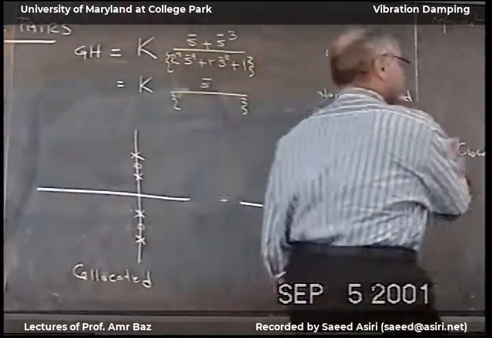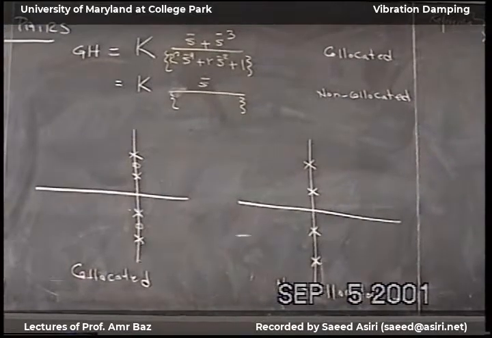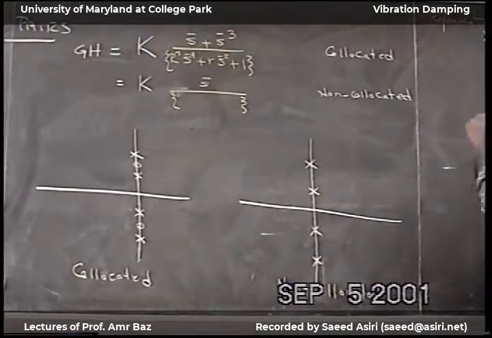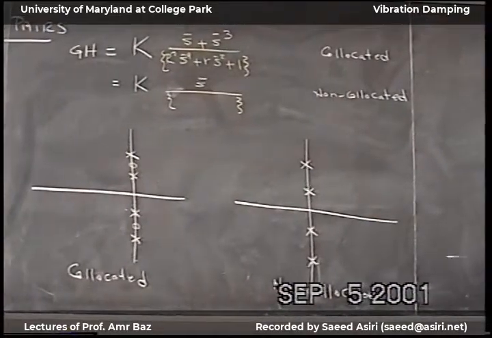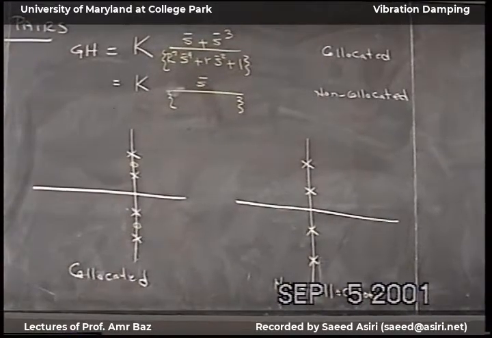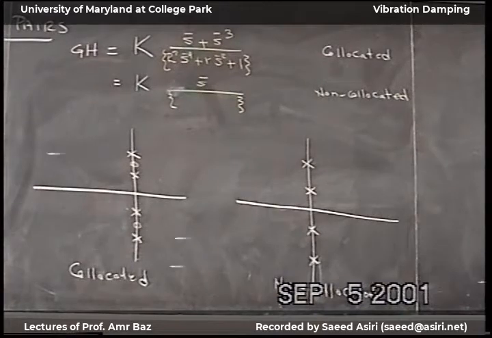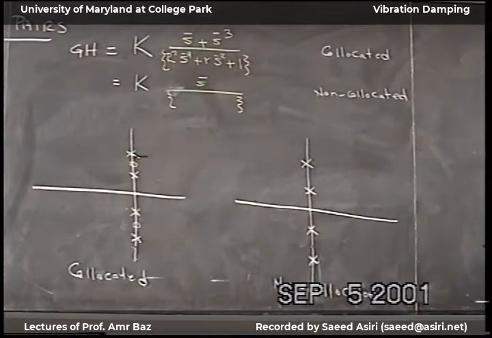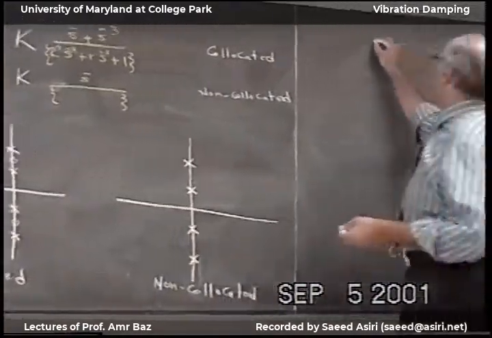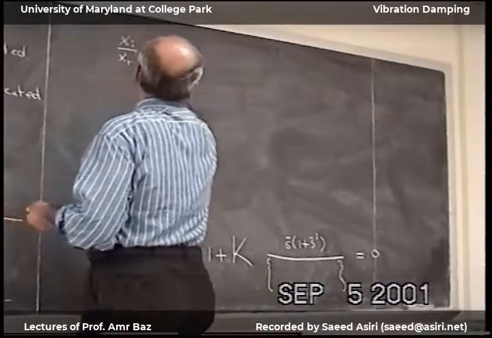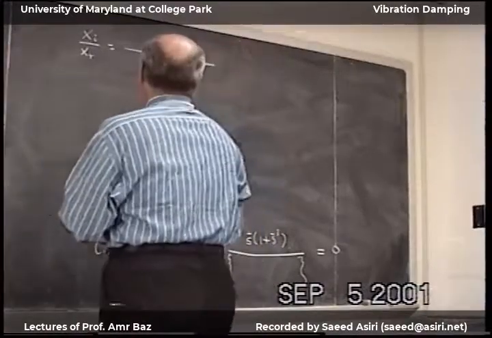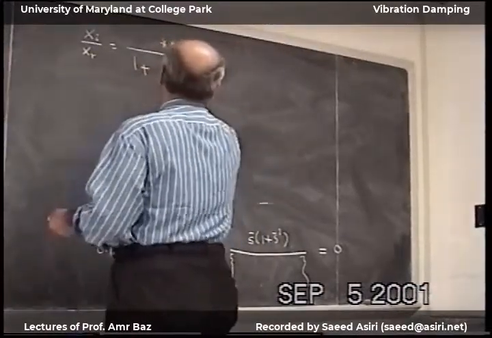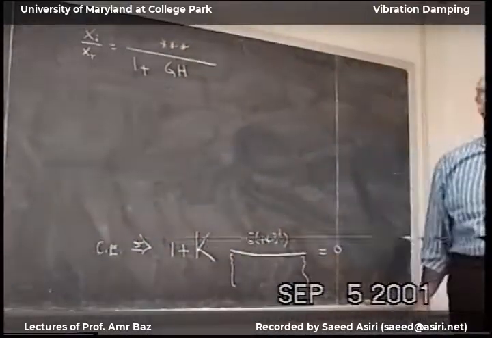Okay, at the end of the last lecture, let me rewrite this equation again here. This equation was xi over xr is equal to something in the numerator, which is the G, and then here 1 plus GH. Okay.